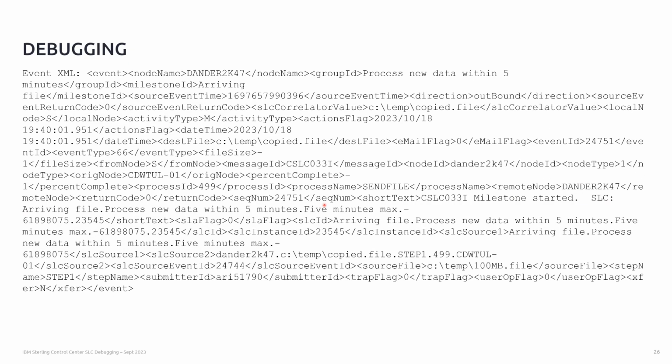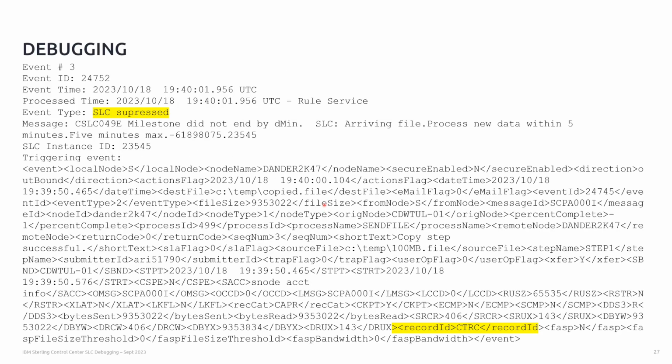And here's the SLC event that we don't care about. The quicker you can get through the things you don't care about, the faster you'll be able to debug your SLC. Here's the third SLC event. Its triggering event was the milestone did not end by dmin, and we don't care about the milestone event, so we're just going to skip over it.